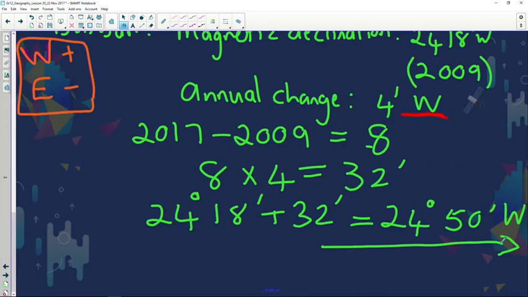I quickly want to do another example regarding if the annual change had moved in the easterly direction, just to make 100% sure that you are covered if they do ask this question. Let's use the example of, let's say, Bloemfontein.